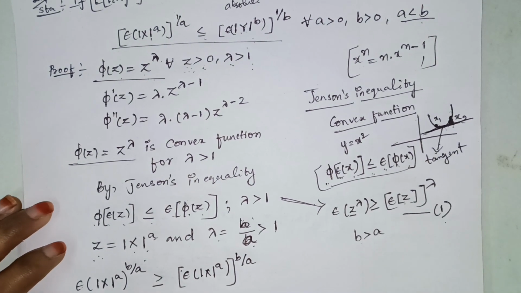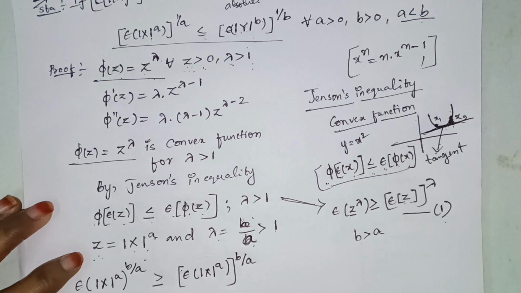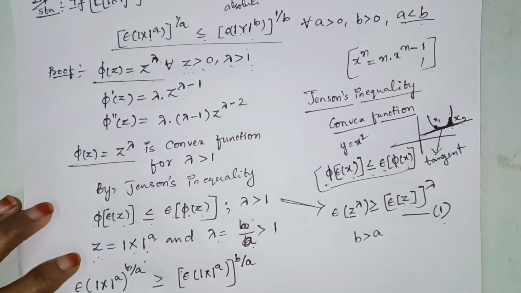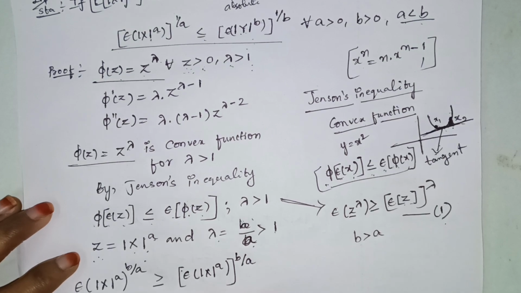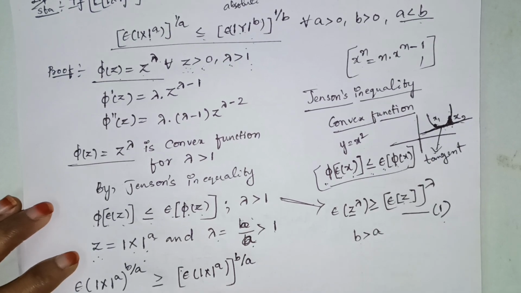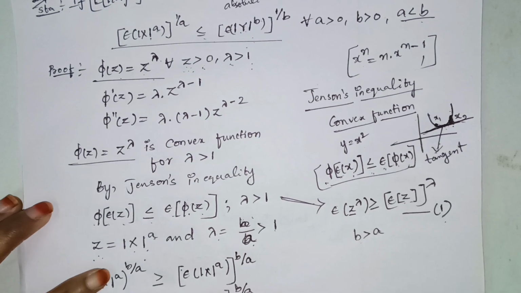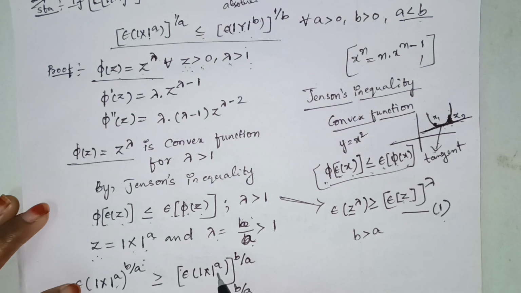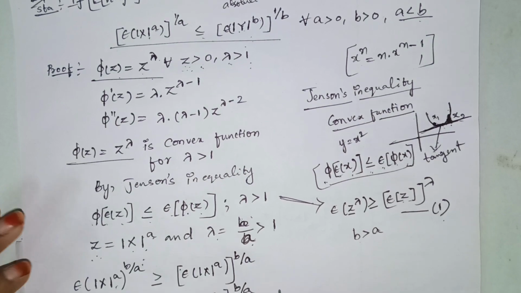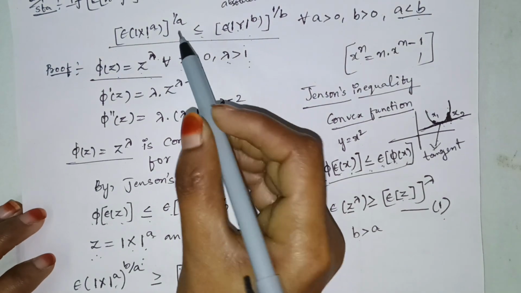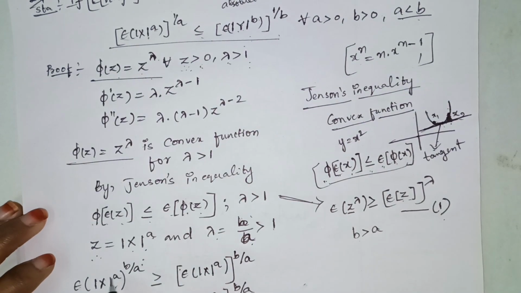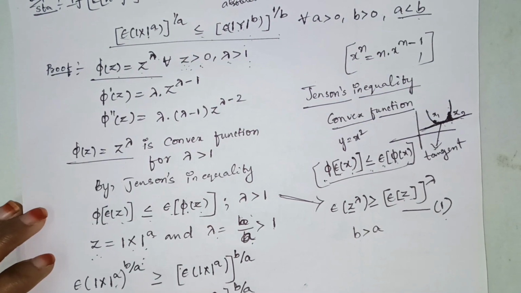Now you get expectation of mod x to the power of b is greater than or equals to expectation of mod x to the power of a whole to the power of b by a. If you cancel this a and this a, then you get mod x to the power of b, and you leave this term as it is, because in order to prove this one, you leave one part as it is and cancel a to the one side.